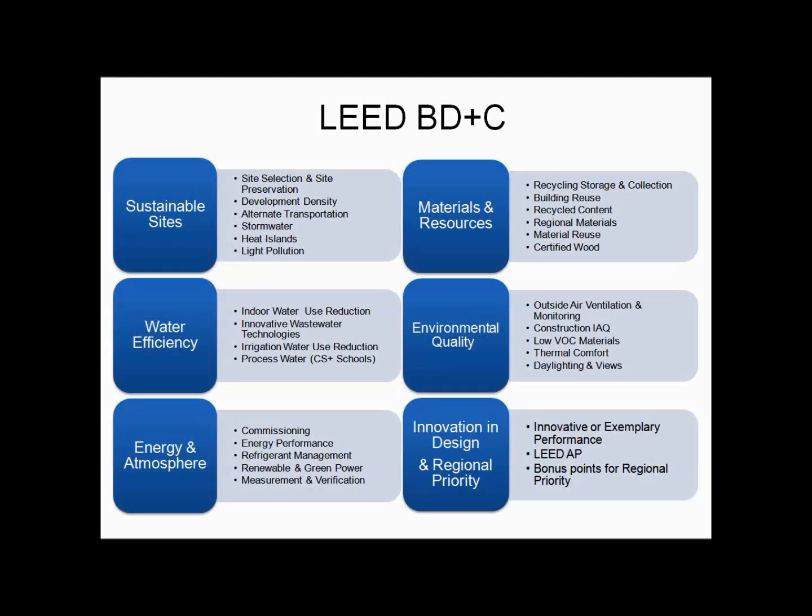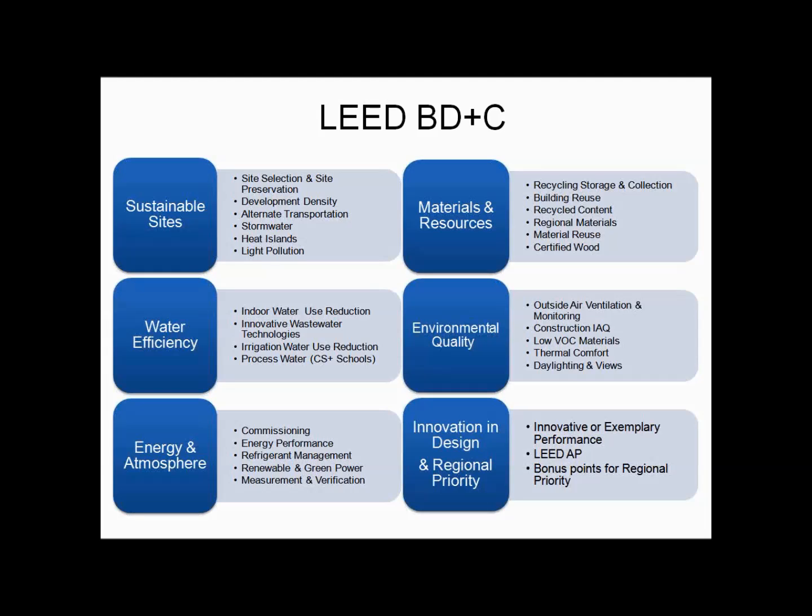In energy and atmosphere, there's actually 3 prerequisites. One for fundamental commissioning, and we'll talk in a lot more detail after lunch about what commissioning is, but again, making sure that the building systems are working the way they're supposed to.